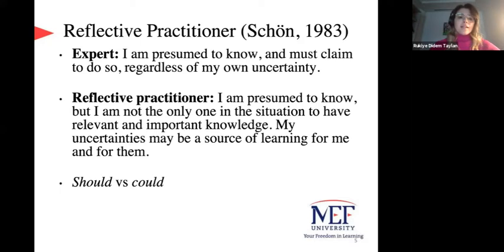I like this distinction also because if we are engaged in true reflection, we don't say should, like somebody should do something, or the teacher didn't do this, but she should have done this. Instead, we propose they could do this, because there's uncertainty. So the reflective practitioner acknowledges that. I think this is also an important component.